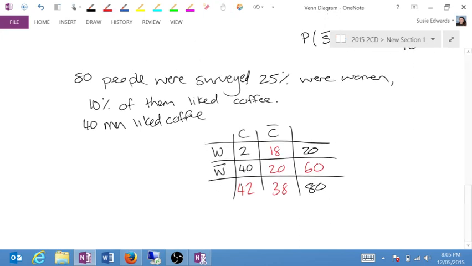Alright, that's it. Two-way tables and Venn diagrams you need to be able to do. So your homework is in your 2C book, pages 46 to 50, questions 19 to 26.